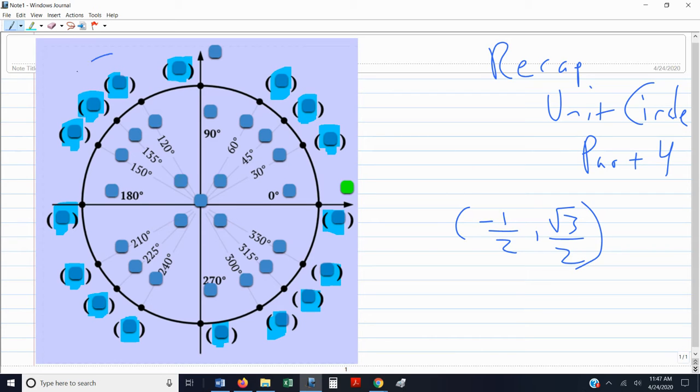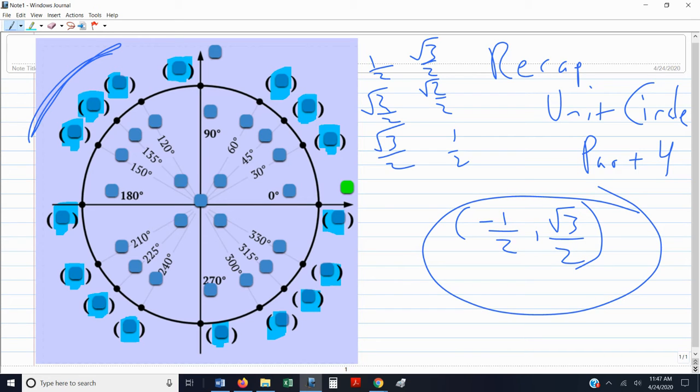You automatically know it's going to be in quadrant 2. Then what I would try to do in your head, and I'm going to write it a few times but then I'll stop, is that trick of 1, 2, 3, 1, 2, 3. And then you're just visualizing these denominators of 2, the square roots, etc. But you're trying to find where is that 1/2 comma root 3 over 2.